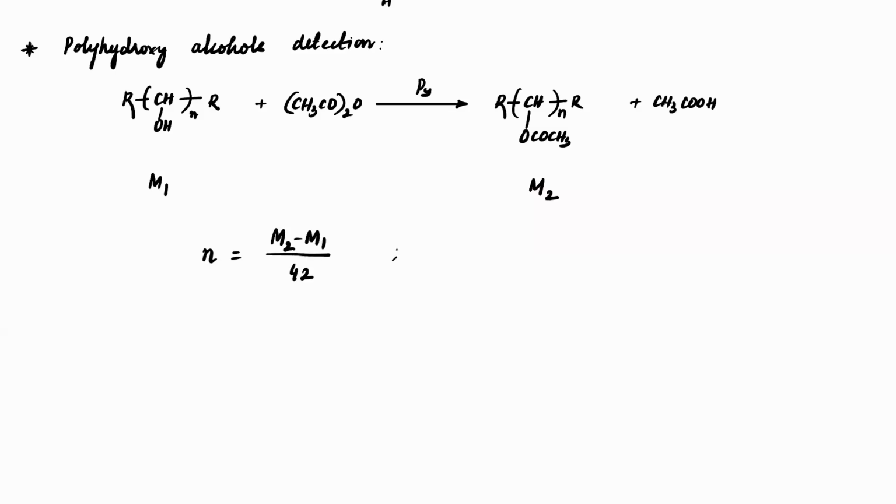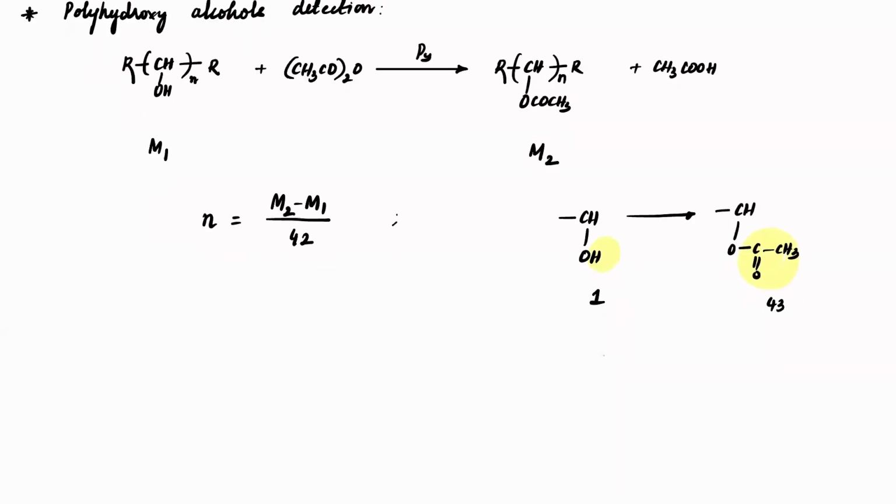Why 42? Notice this carefully. We have CHOH here that is converting into CHOC double bond OCH3. The molar mass of this part is 43 units, and one hydrogen is 1 unit. So you are removing 1 unit and replacing it with 43 units.